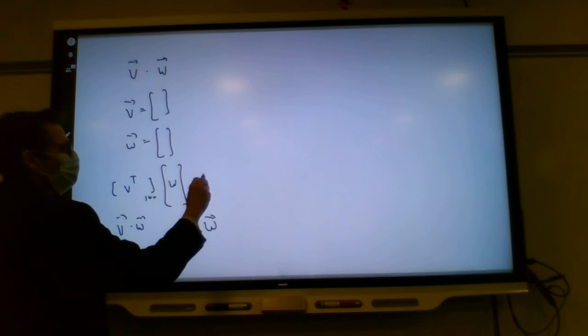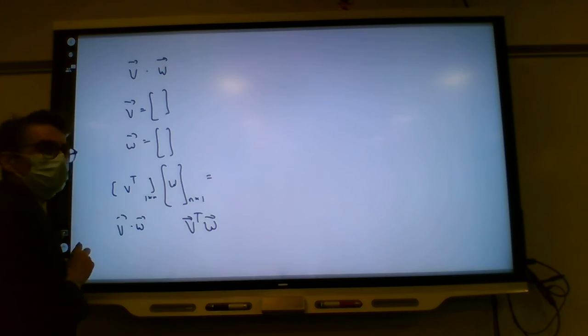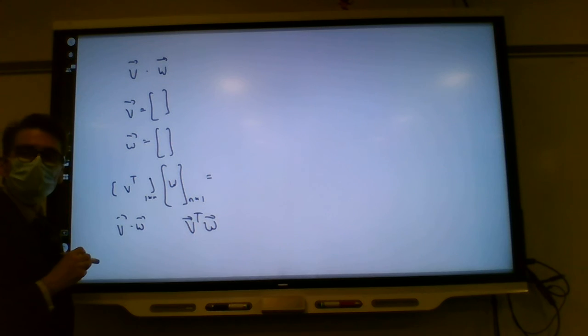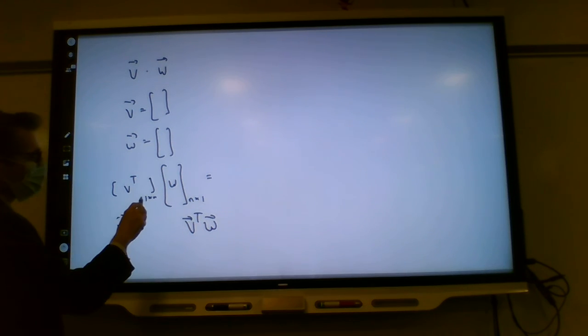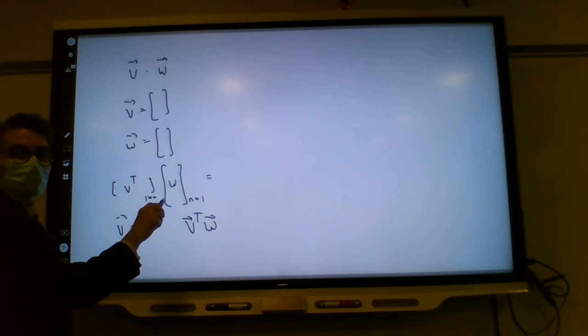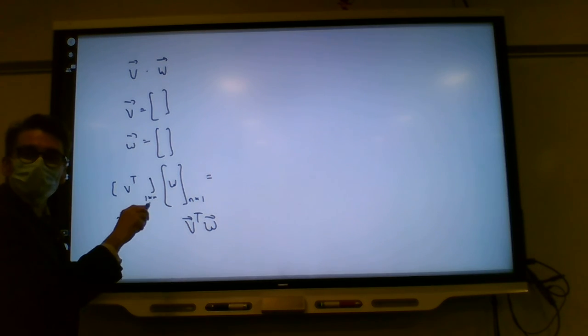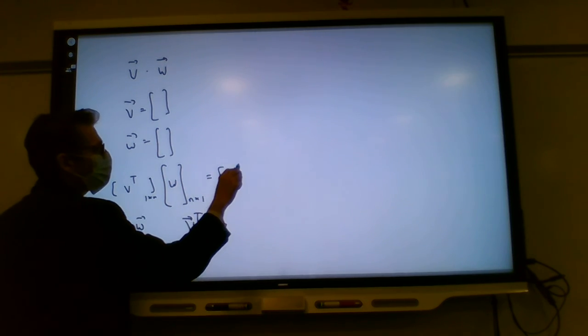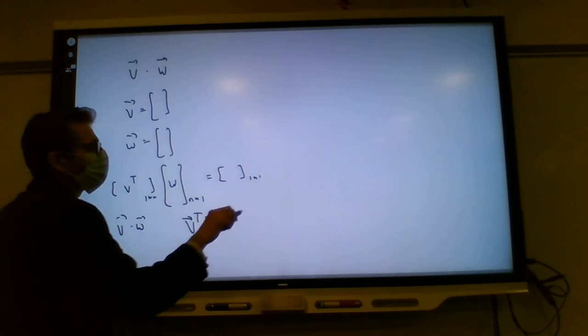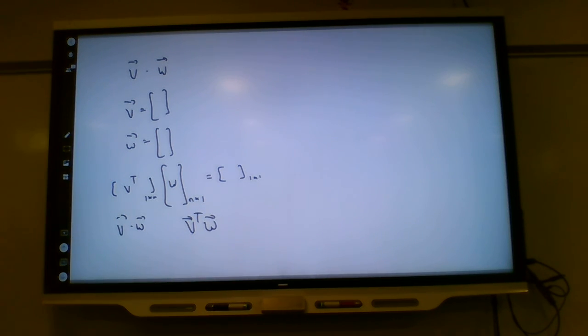And so what is the answer? How big is the answer? 1 by n, n by 1. The n's match, so we can do the dot product, and the answer will be 1 by 1. Which is just a number, right? A 1 by 1 matrix is just a number, which is what the dot product is, right?